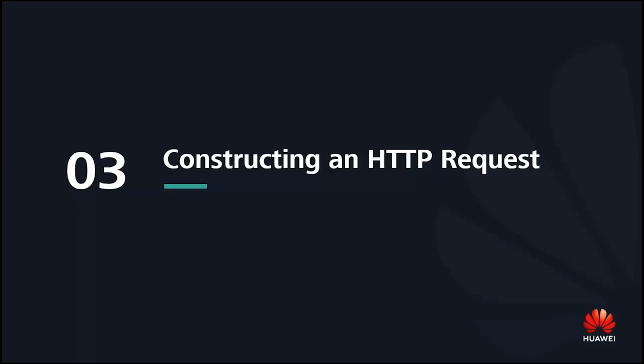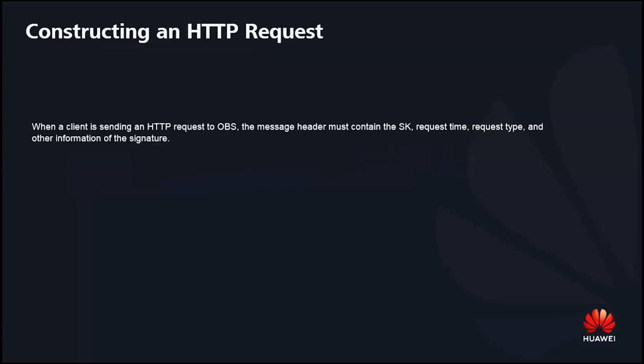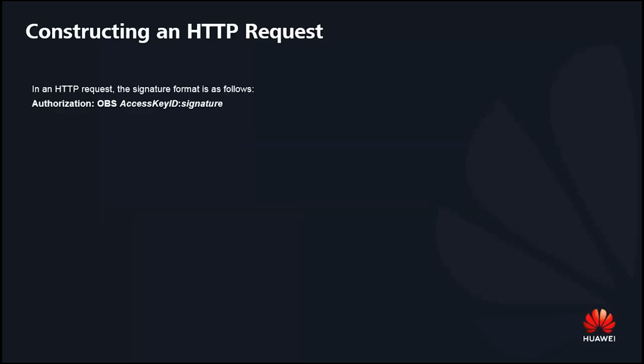Construct an HTTP request. When a client is sending an HTTP request to OBS, the message header must contain the SK, request time, request type, and other information of the signature. In an HTTP request, the signature format is as follows.